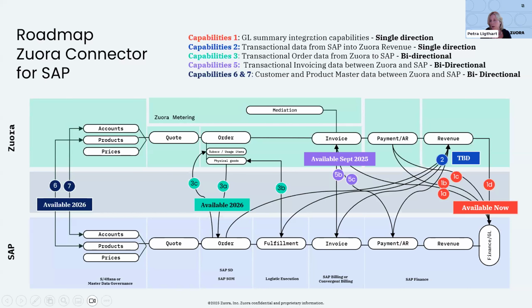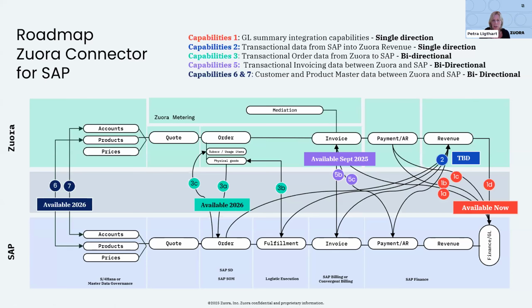It is also certified by SAP, by the way. This is the connector that transfers summarized journal entries from Zuora Billing and Zuora Revenue into SAP Finance, SAP GL, for all 3 SAP releases. So that's available now. It is certified.